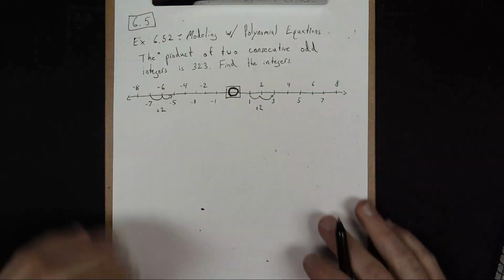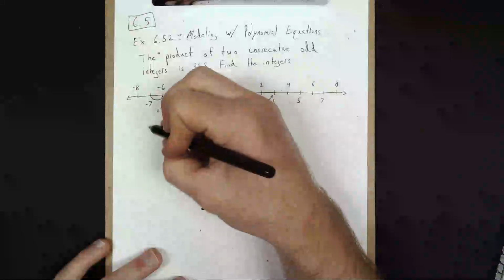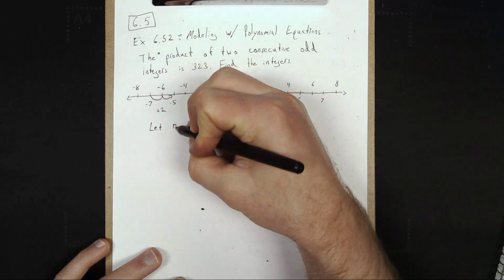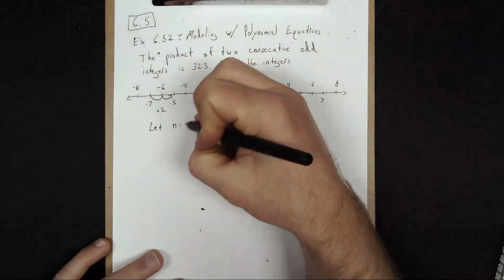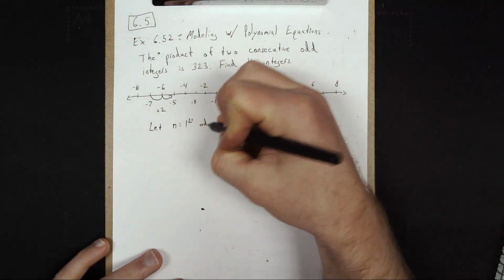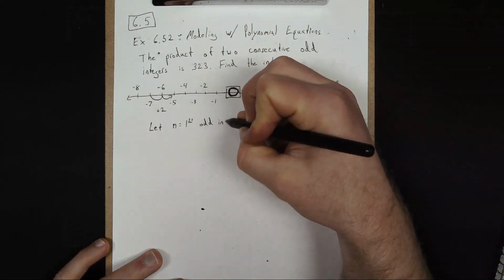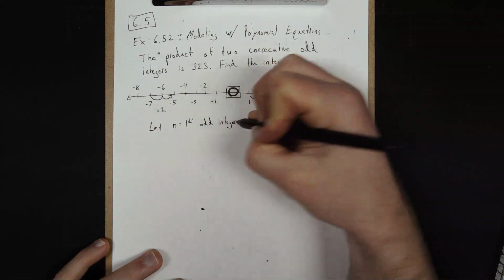Okay, so let n be our first odd integer.